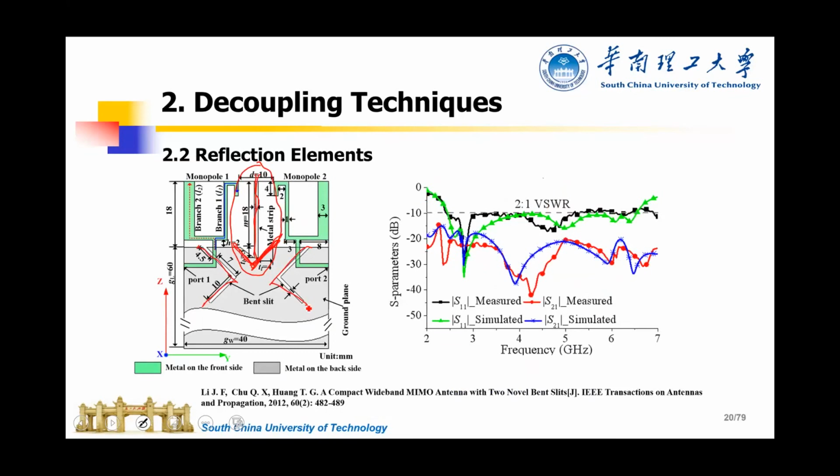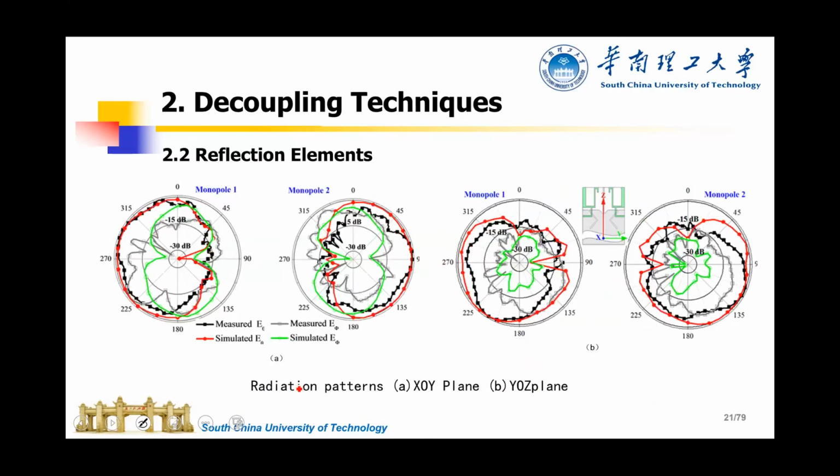This work was published in 2012. This is the radiation. We can find the two antenna radiation patterns directed in two different directions, this direction and this direction, so isolation can be improved.